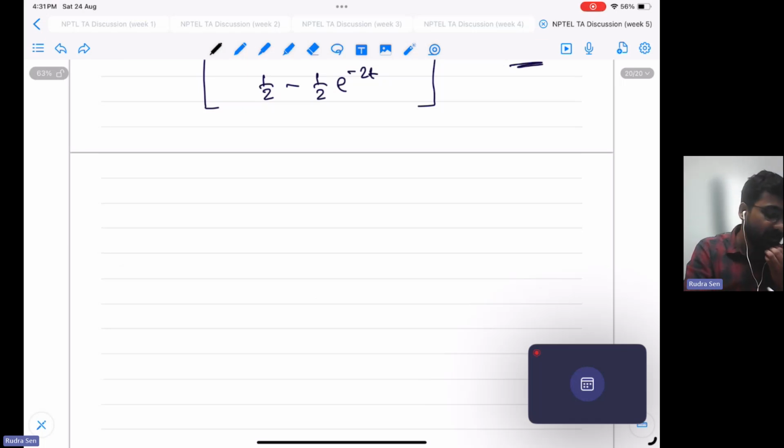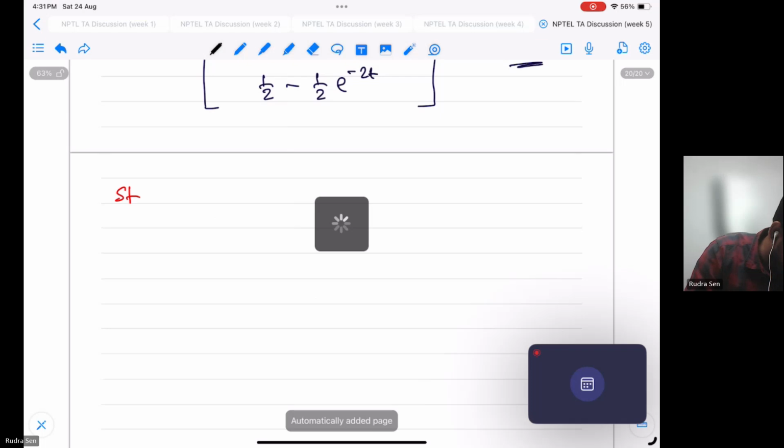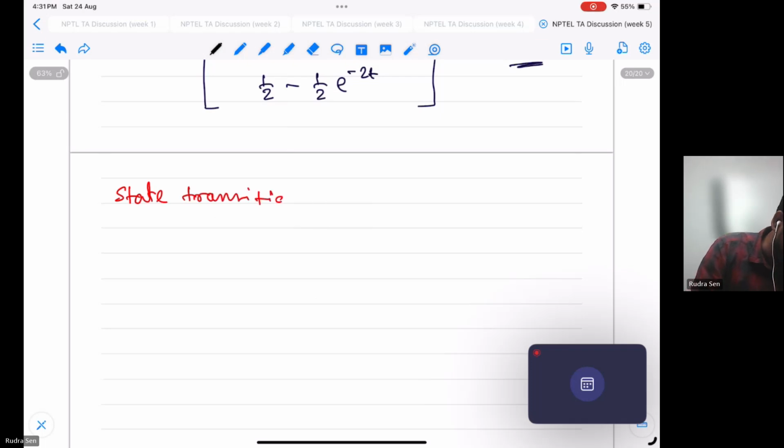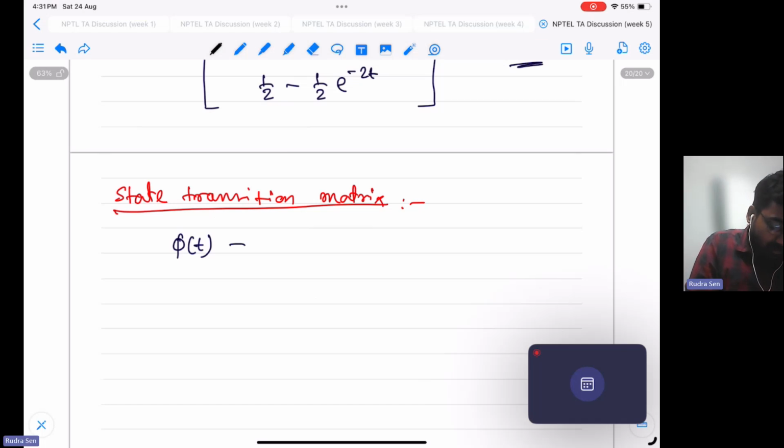Now this state transition matrix has some properties. Sometimes it is called phi t. This is called e to the power At. This is also a state transition matrix.